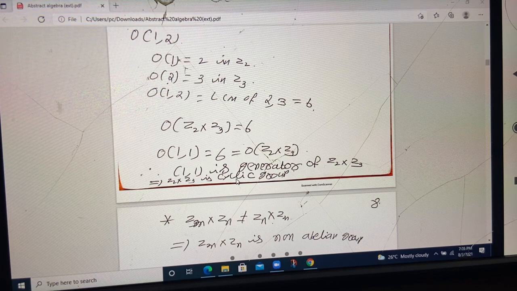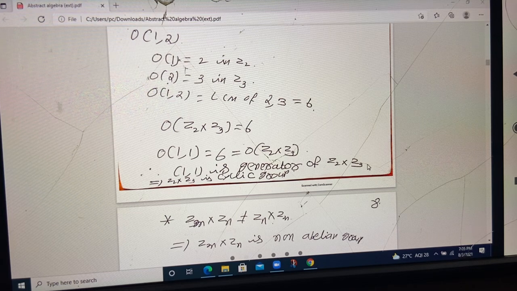So what is meant by this generator is, earlier we have seen, even though G1 and G2 are cyclic, G1 cross G2 need not be cyclic. We stated that. Then under what conditions are they cyclic? What is the GCD between 2 and 3? 1, co-prime.